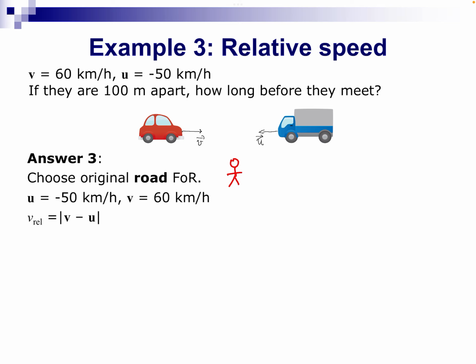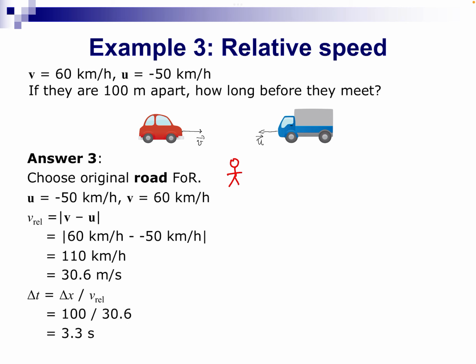So the relative velocity from the point of view of this person viewing from the road will be the 60 kilometers per hour to the right of the car minus the negative 50 kilometers per hour velocity of the truck moving to the left. You then again end up with 110 kilometers per hour or 30.6 meters per second, which then gives you the same time, 3.3 seconds for the two vehicles to meet.